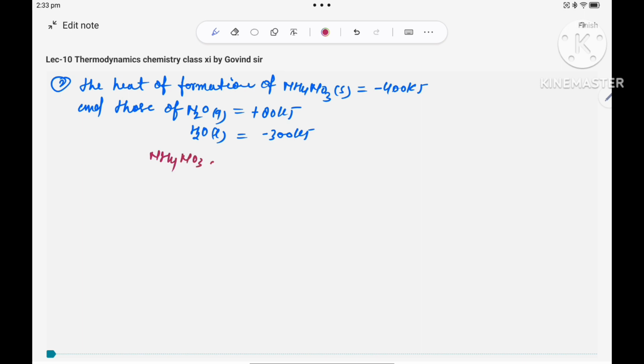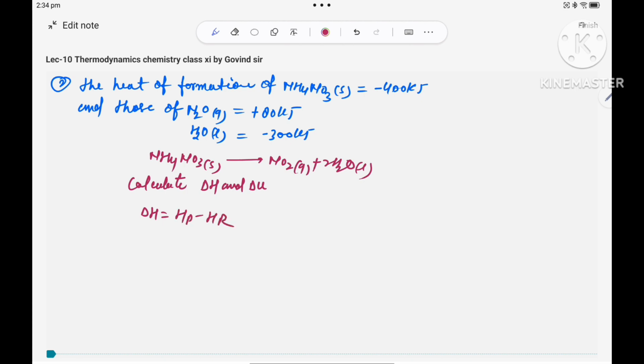NH4NO3 going to N2O and H2O, this, and calculate delta H and delta U for the given reaction. Okay, no problem. So delta H is equal to delta HP minus HR.